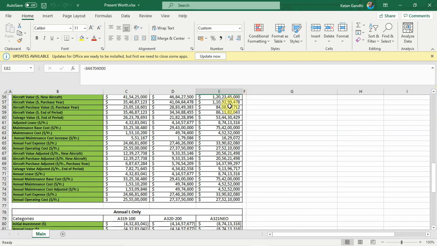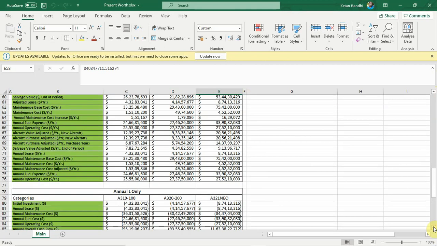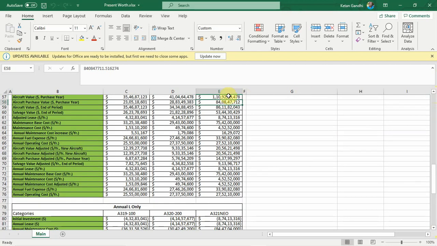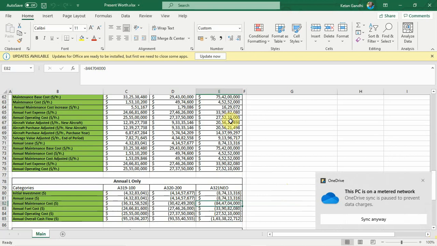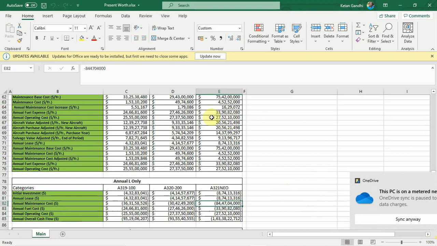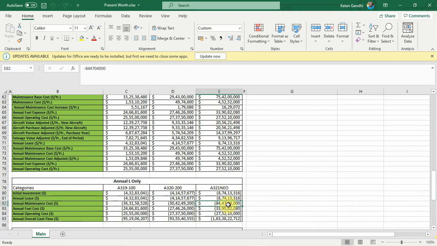So here it is, the annual, we'll just see, this is 84. So this is the figure, aircraft purchase value, that is the value we are taking from these calculated values.